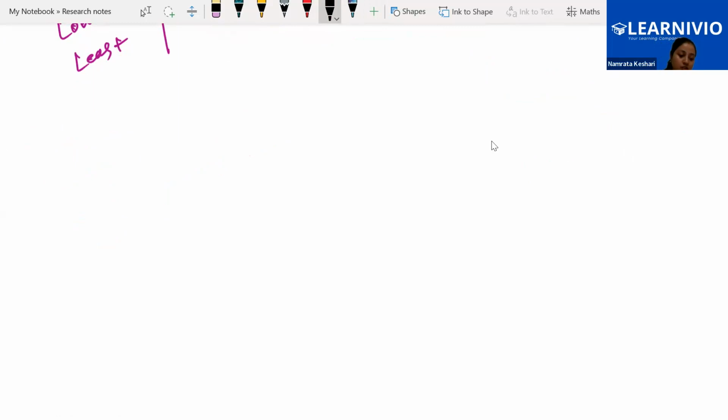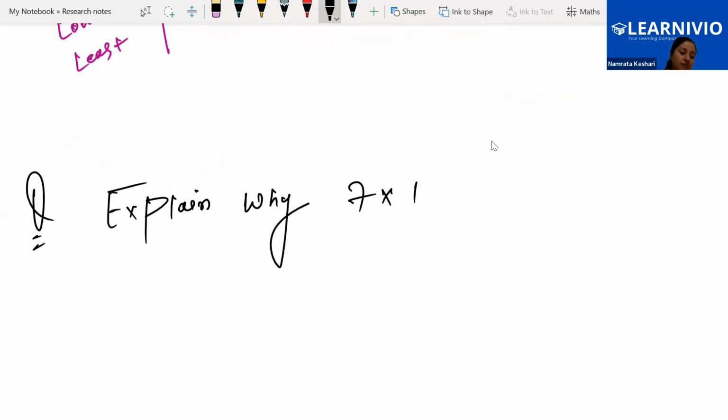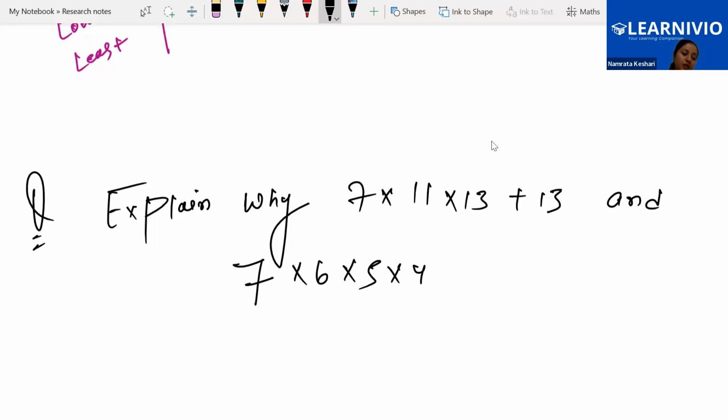Now the next question over here is: explain why 7 into 11 into 13 plus 13 and 7 into 6 into 5 into 4 into 3 into 2 into 1 plus 5 are composite numbers.